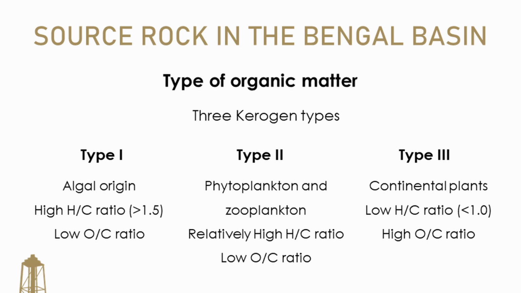Type 2 is of phytoplankton and zooplankton. It has relatively high hydrogen carbon ratio but low oxygen carbon ratio. Type 3 is of continental plants. It has low hydrogen carbon ratio which is less than 1, and type 3 has high oxygen carbon ratio.